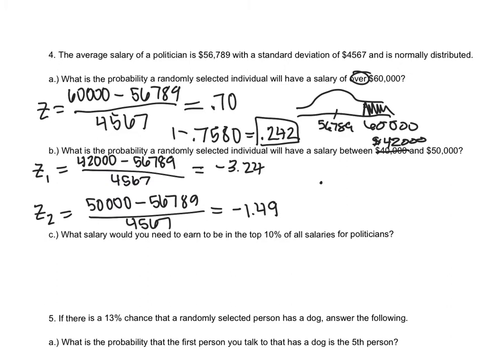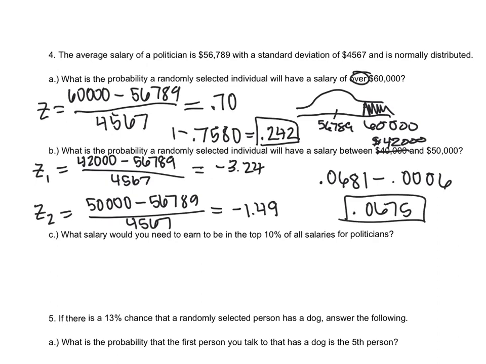So for the negative 1.49, we're going to get 0.0681 minus, and for negative 3.24, we're going to get 0.0006. Once we subtract those two values, we're going to get 0.0675. So almost a 7% chance that a random individual would have a salary between 42,000 and 50,000.